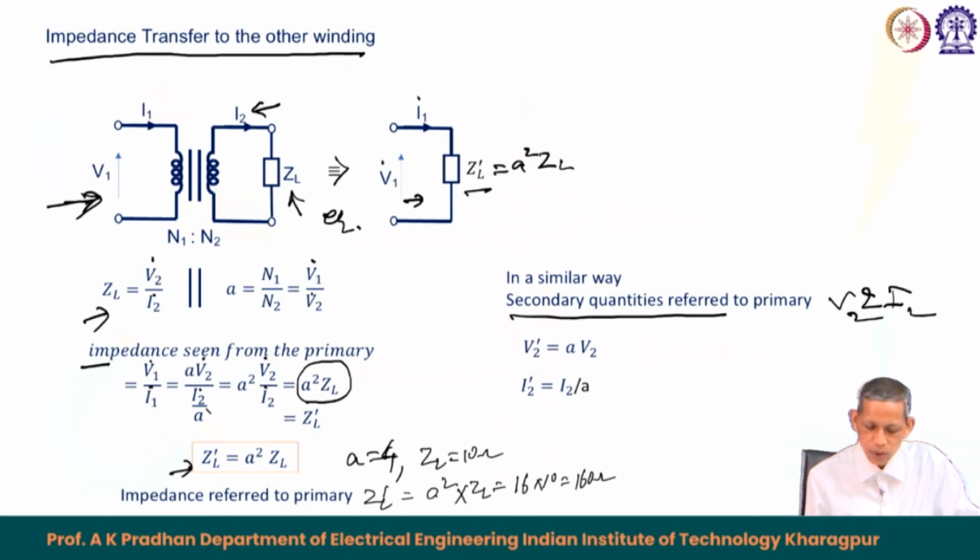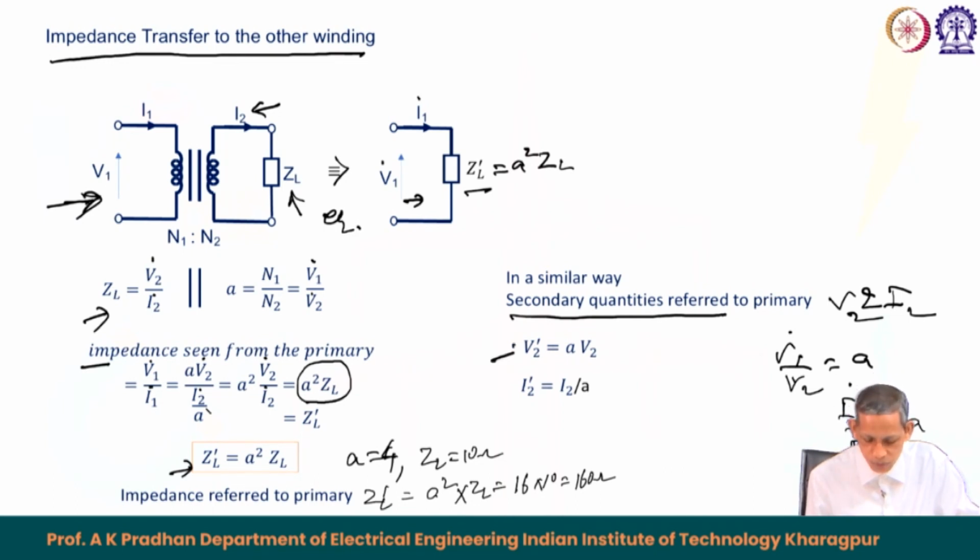V2 dash, which is referred to the primary, equals A V2, because we know V1 by V2 equals A and I2 by I1 equals A. Therefore, the corresponding I2 dash becomes equal to I2 by A and V2 dash becomes equal to A V2.